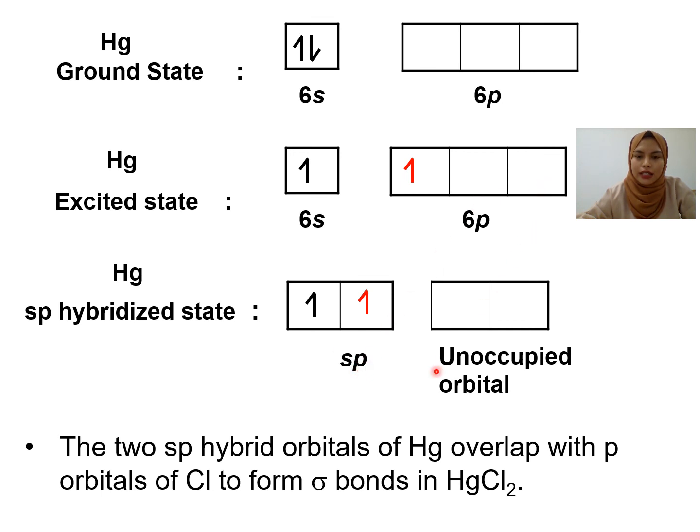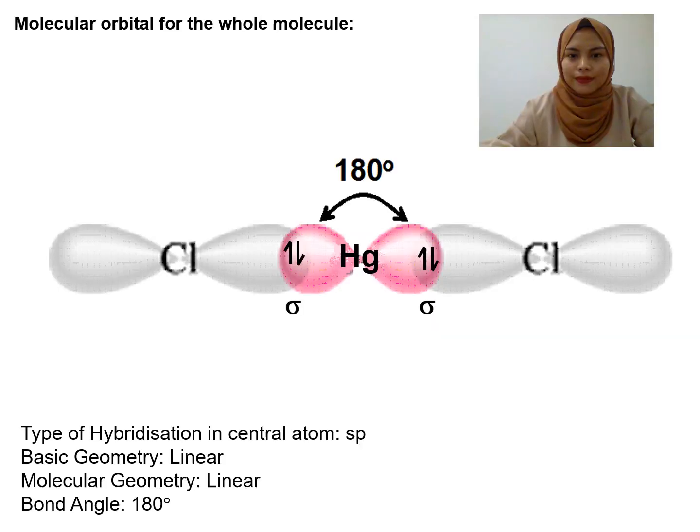And the rest akan jadi unoccupied orbital 6p. Okay. So, these two single electron akan bertanggungjawab, akan terlibat di dalam pembentukan sigma bond between Hg dan juga dua terminal atom Cl.